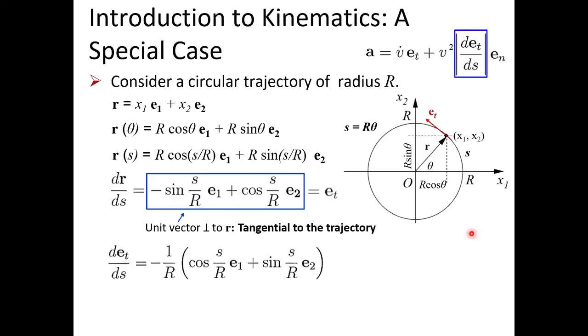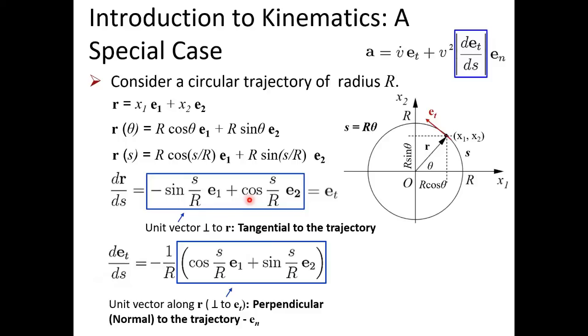And then, of course, we take the first derivative of Et, because we are interested in finding dEt over ds, and this is what you get. When you take the first derivative, of course, this vector will be perpendicular to this vector. Therefore, this will be normal to this one. If you take the dot product between this and this, the answer is 0.